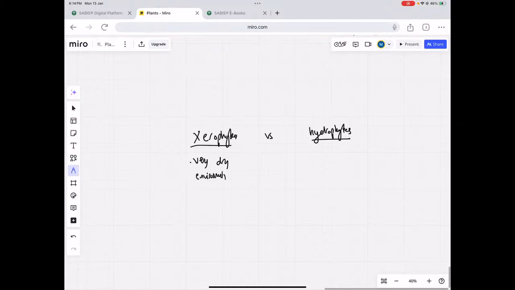So of course it will reduce the number of stomata in order to reduce water loss. Exactly, it will decrease the number of stomata.